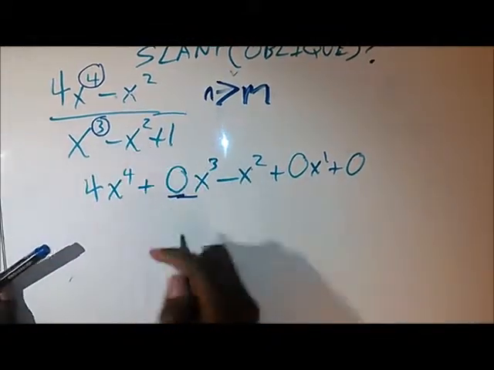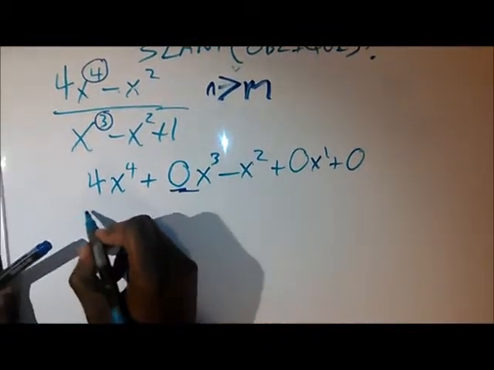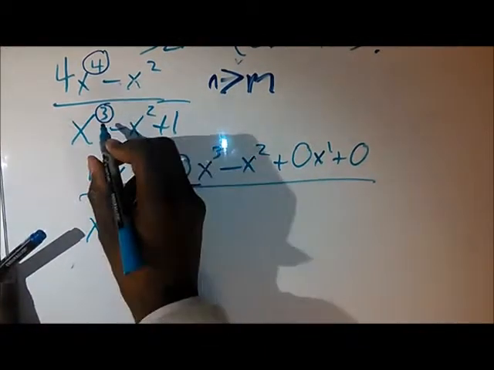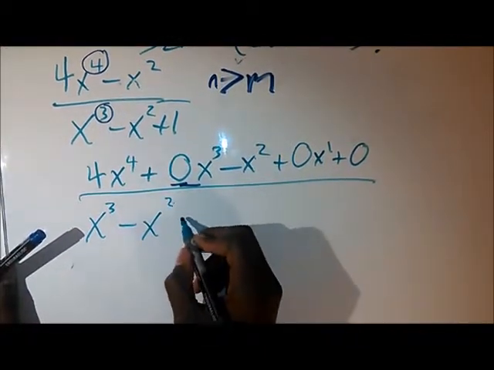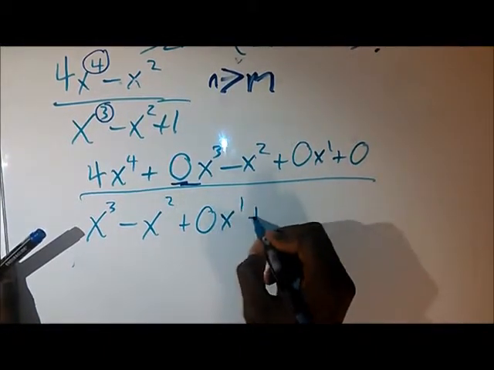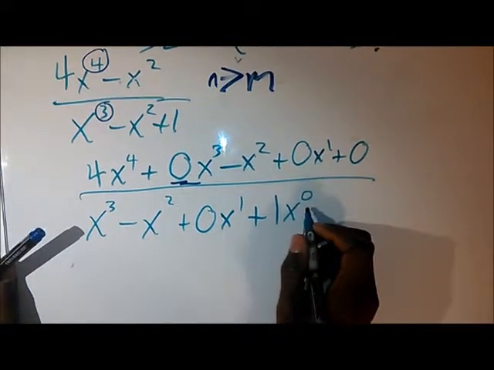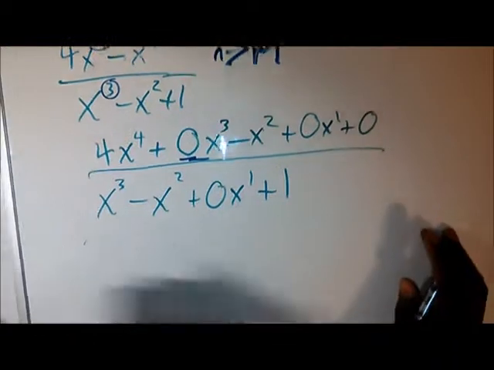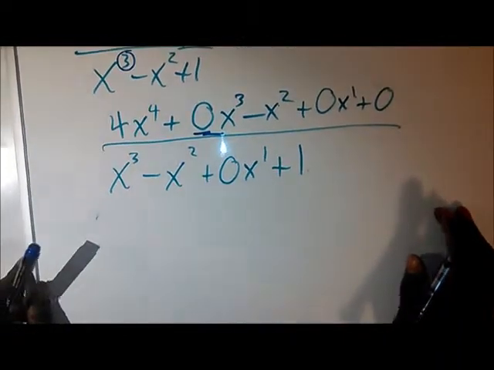Look at the bottom one: x to the third minus x squared. We're missing 1, so we'll put a placeholder here, 1, and plus 1 times x to the 0 power. Yep, we got it. We're good. Now we can conduct polynomial division.